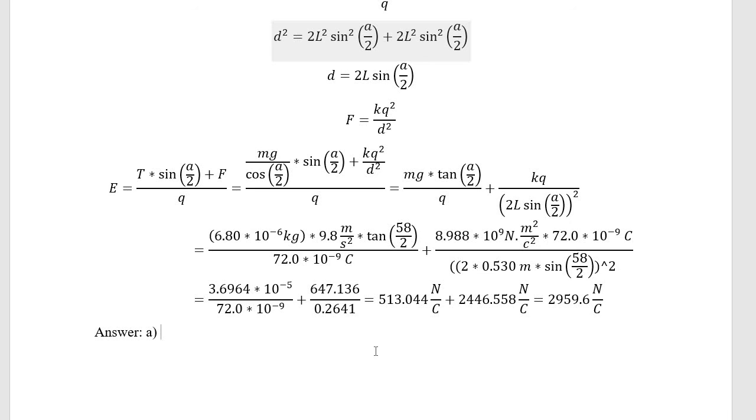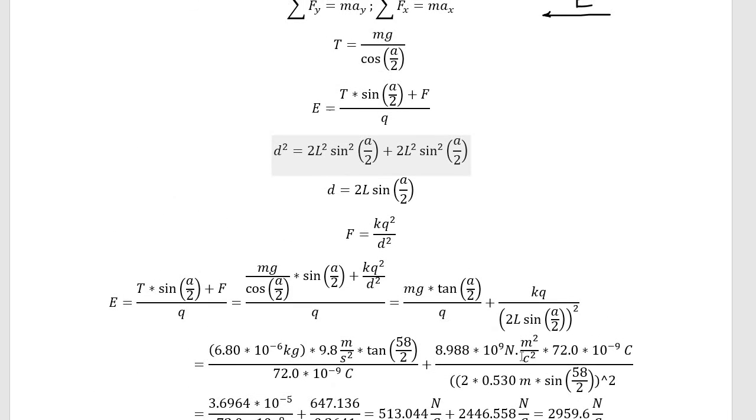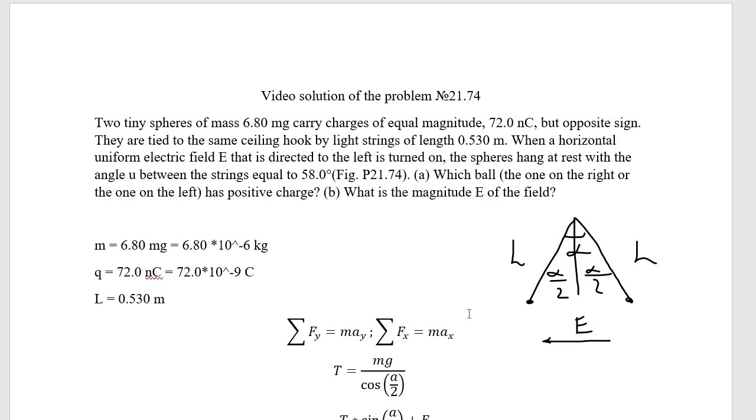So for part A, the answer is the left sphere or ball has positive charge, and the answer for part B is the magnitude of the electric field is 2,959.6 N over C. That is the final answer for the problem that we have.